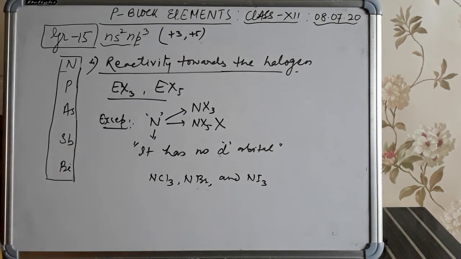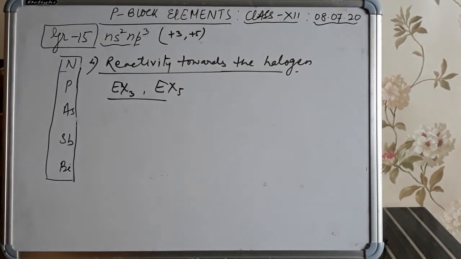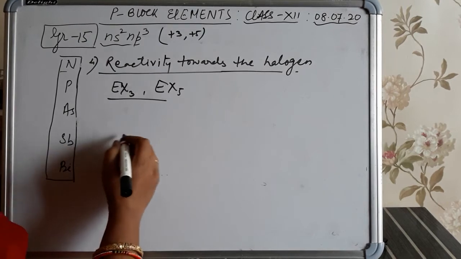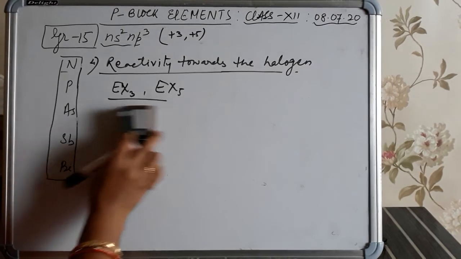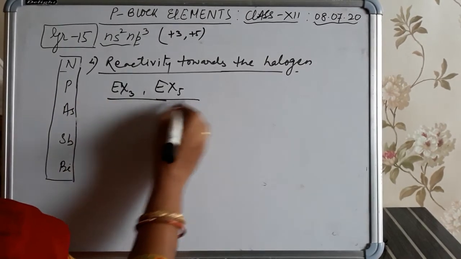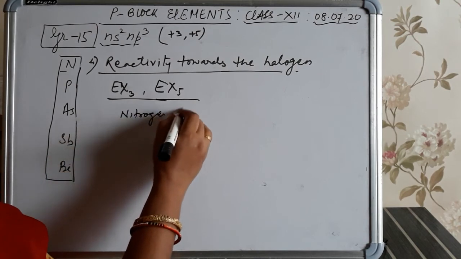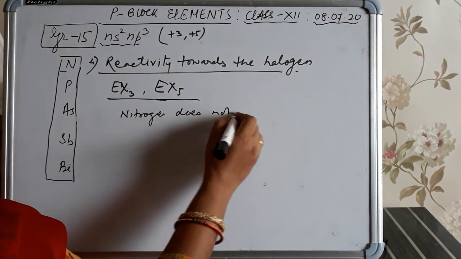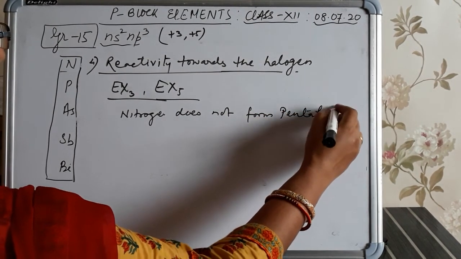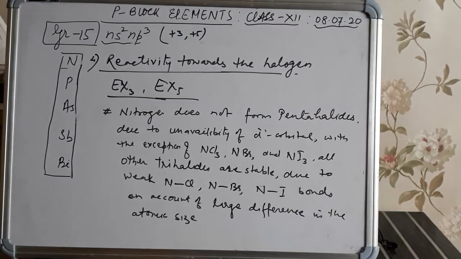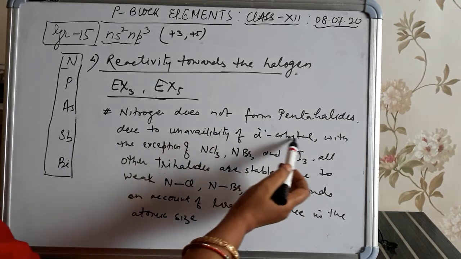So write down the statement also. Nitrogen does not form pentahalides due to unavailability of d orbital.